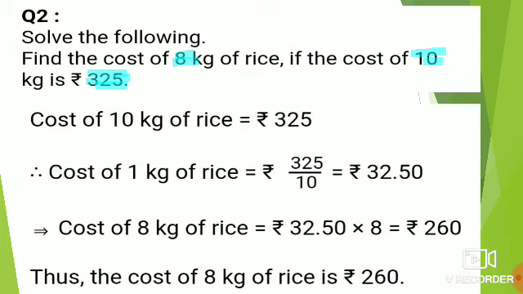Cost of 1 kilogram of rice multiplied by rice in kilograms. 32.50, or you can write here 32.5 into 8. After multiplying you will get 260. This is our final answer. Thus the cost of 8 kilograms of rice is 260 rupees. Understood?